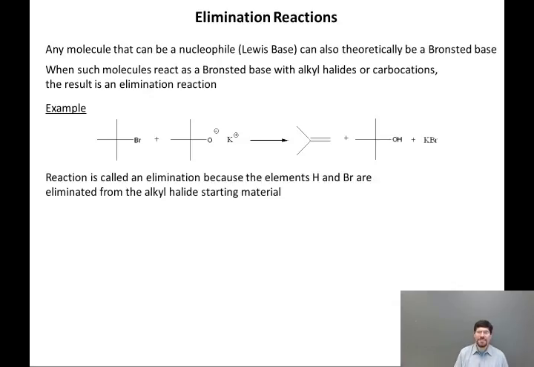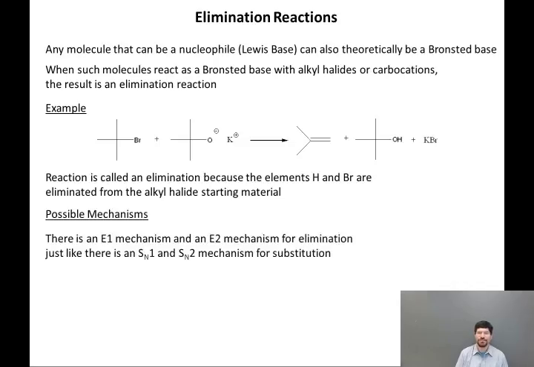This is called an elimination reaction because the elements H and Br are eliminated from the alkyl halide starting material. So the byproducts are tert-butyl alcohol, which is the conjugate acid of potassium tert-butoxide, and then potassium bromide taking care of the rest of the atoms in the starting materials as a neutral salt.